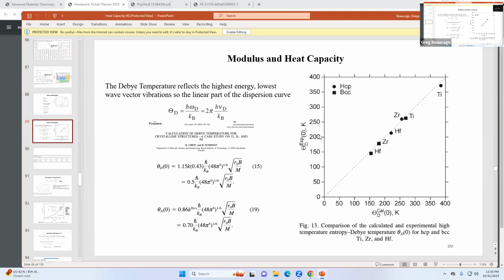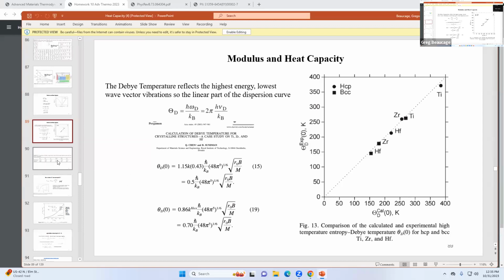Anyway, he's using it to calculate the Debye temperature from the modulus, but we're using it to calculate the modulus from the Debye temperature. The Debye temperature can be obtained from the Debye frequency, right? So if you know the frequency, you can get the temperature, then you get the modulus. So I guess some people did that. All right, so that's that thing.